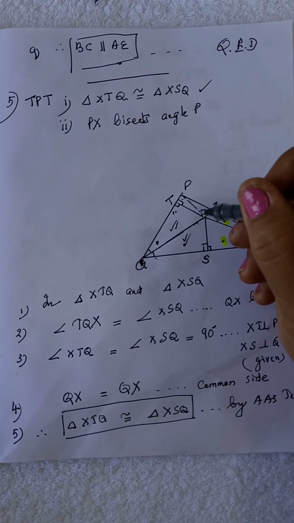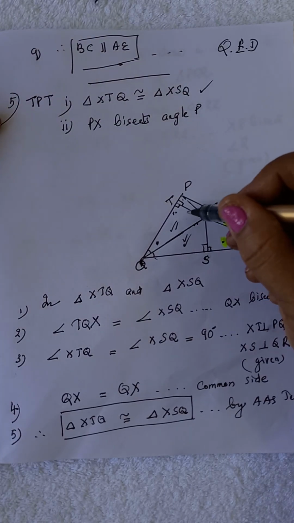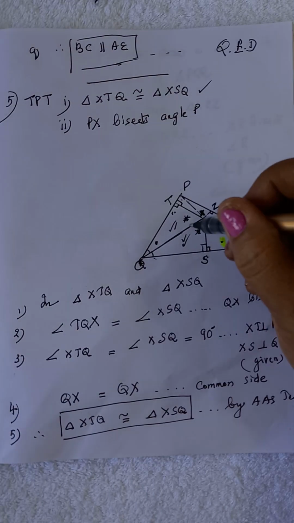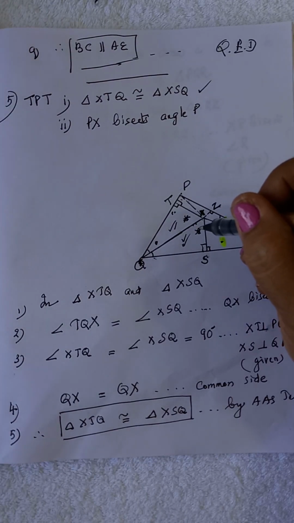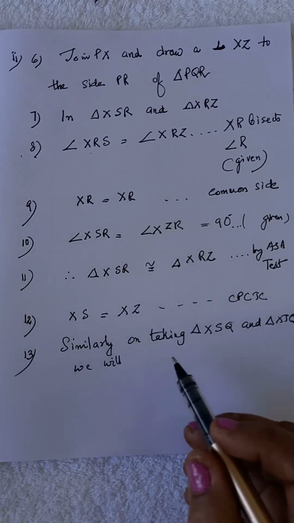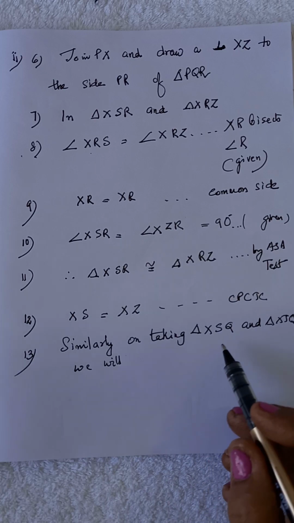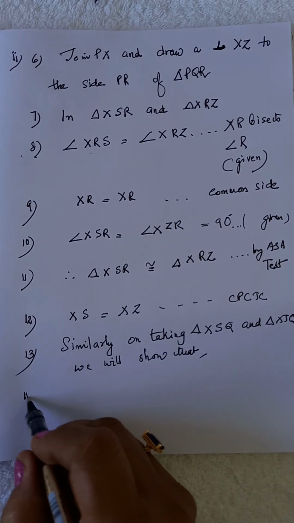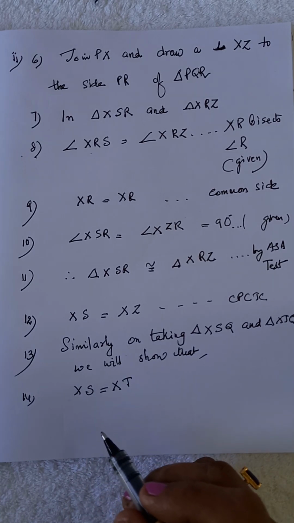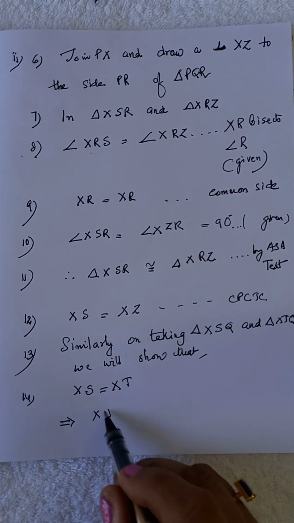Similarly, on taking these two triangles XSQ and XTQ, we will say that this XS is equal to XT. So we can write, similarly on taking triangle XSQ and XTQ, we will show that XS is equal to XT. That implies XT is equal to XZ.